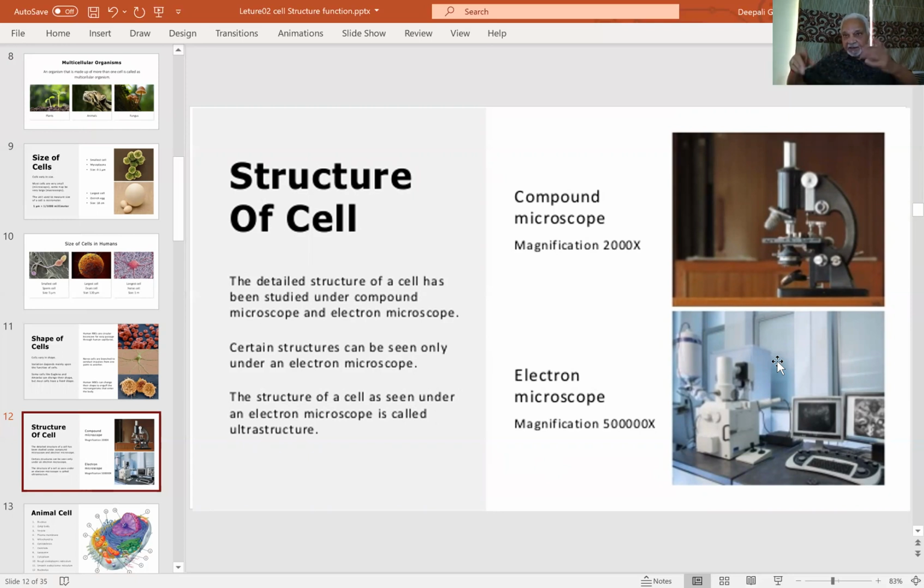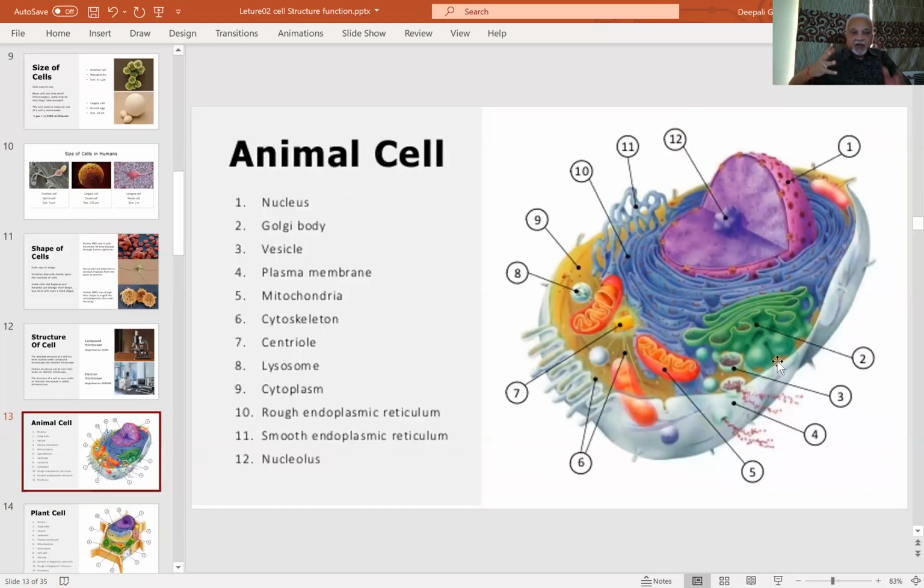In the next couple of slides, we will quickly go through how three different types of cells look: an animal cell, a plant cell, and a bacterial cell.